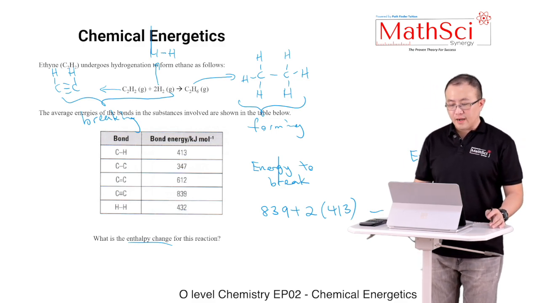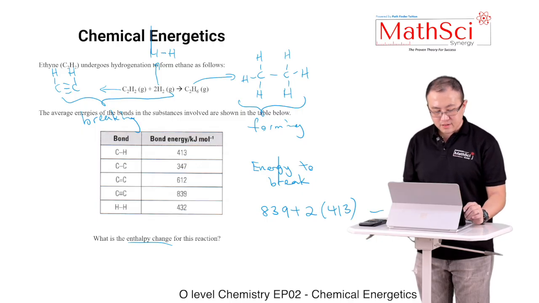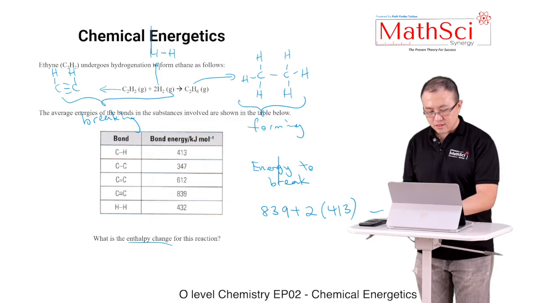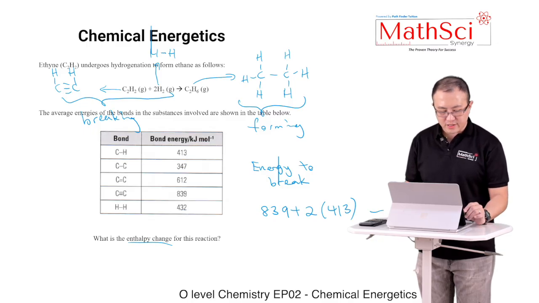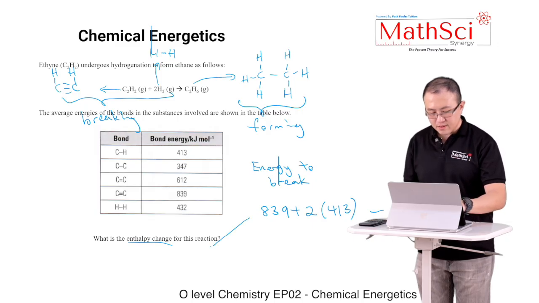Let me rewrite this again, it's a bit too long already. As I mentioned, 839 plus, the left side is 2 CH bonds, so 2 times 413.